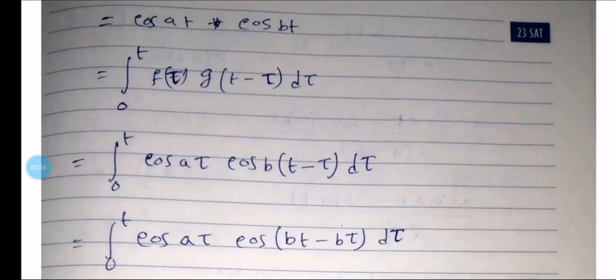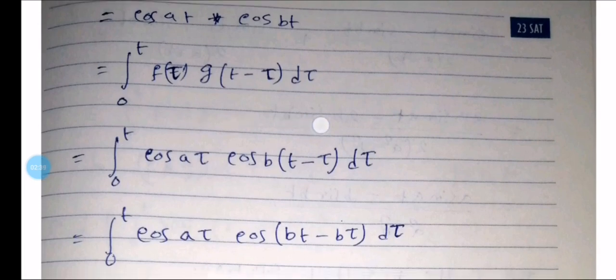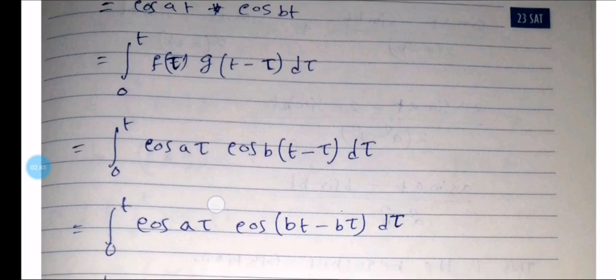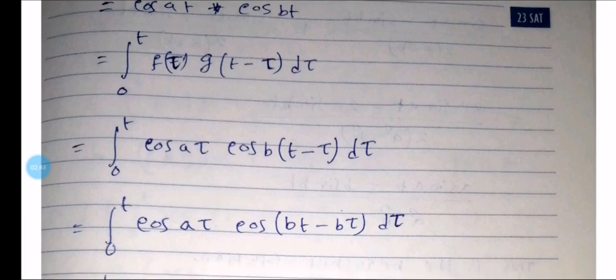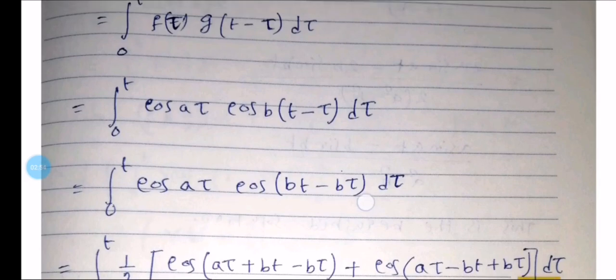So cos at star cos bt we can write as integration from 0 to t of f of tau g of t minus tau d tau, which is equal to integration from 0 to t of cos a tau cos b(t minus tau) d tau. So this is equal to this.